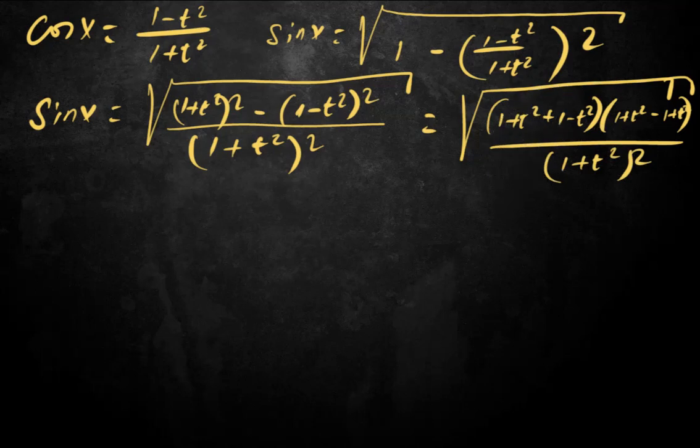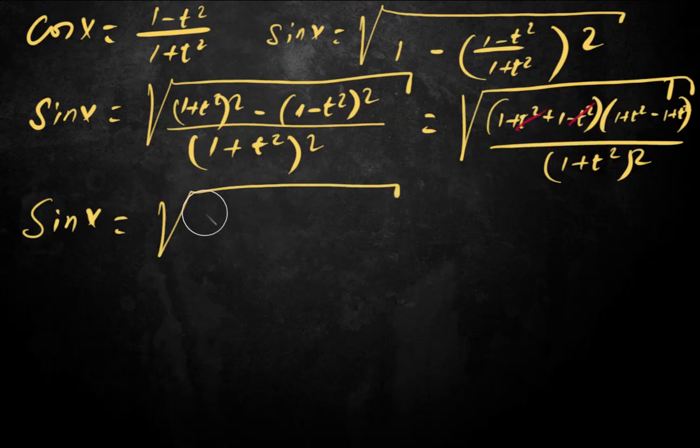So let's do some simplifications here. The t's are gone there, and we say that sine x is equal to square root of 1 plus 1 is equal to 2 times.